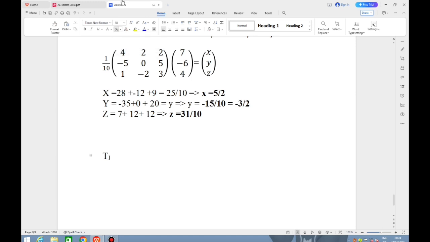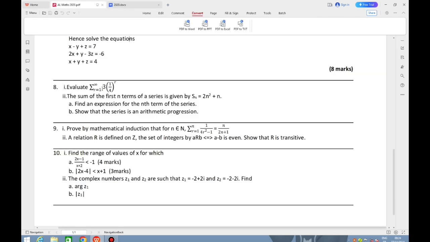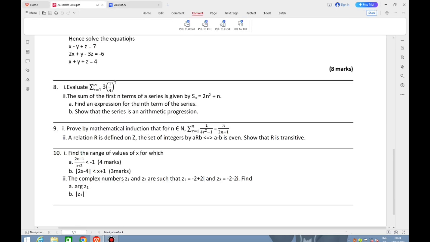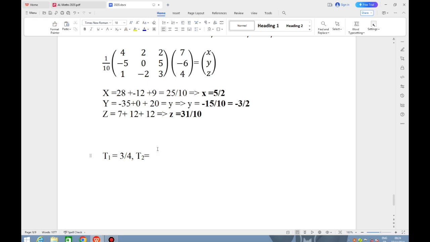T1 is when r is equal to 1, right? R starts from 1 to infinity. So when r is equal to 1, 3 times 1 on 4 is equal to 3 on 4. That's T1. Then T2 is equal to, that's when r is equal to 2, 3 times 1 on 16, which is equal to 3 on 16.